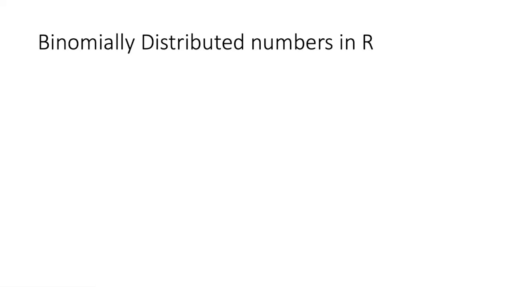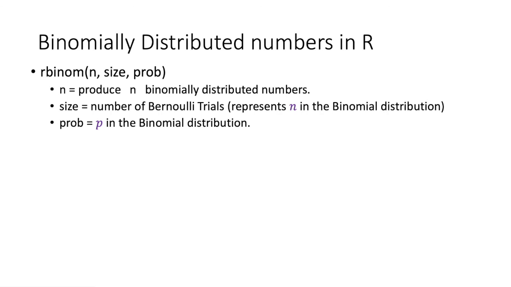You can use the rbinom function in the software called R to randomly generate values of a binomially distributed random variable. rbinom takes 3 inputs. The small n specifies how many numbers you want to generate.